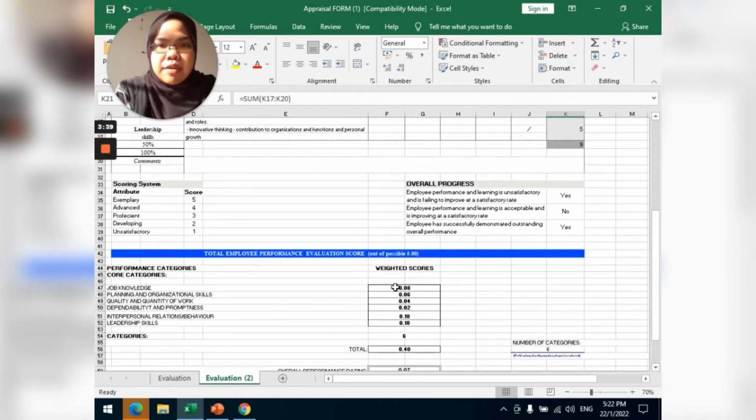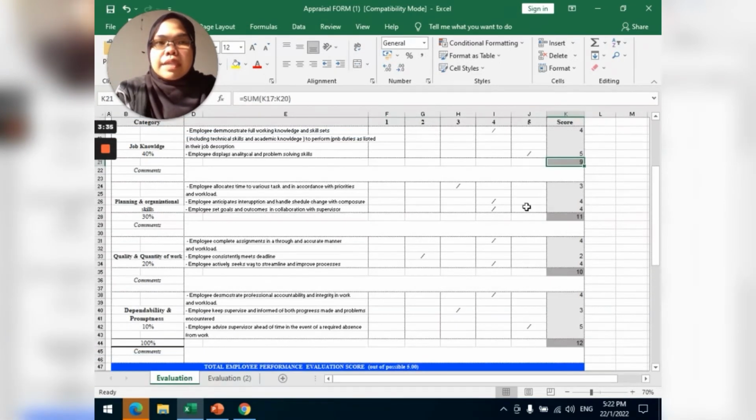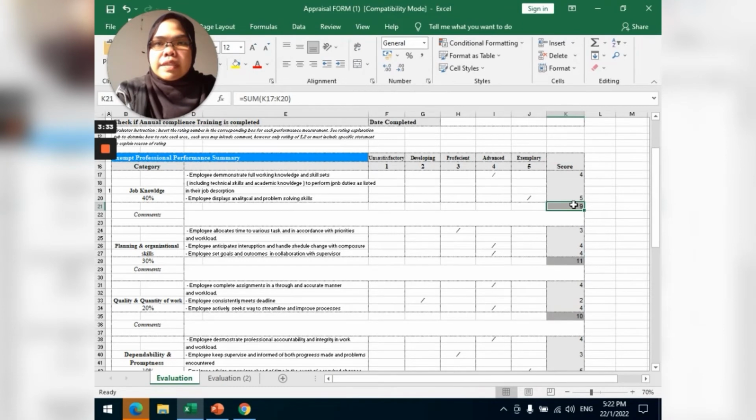For the weighted scores, the total scores here are divided by the rating scale, which is 5, and then multiplied by the percentage of the category divided by the total of scores.